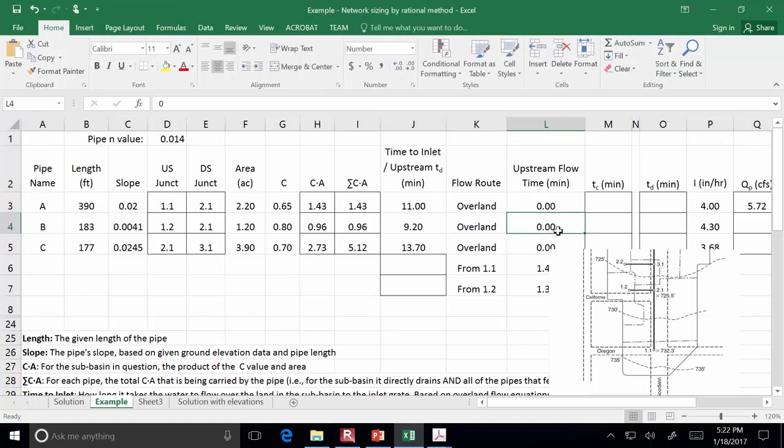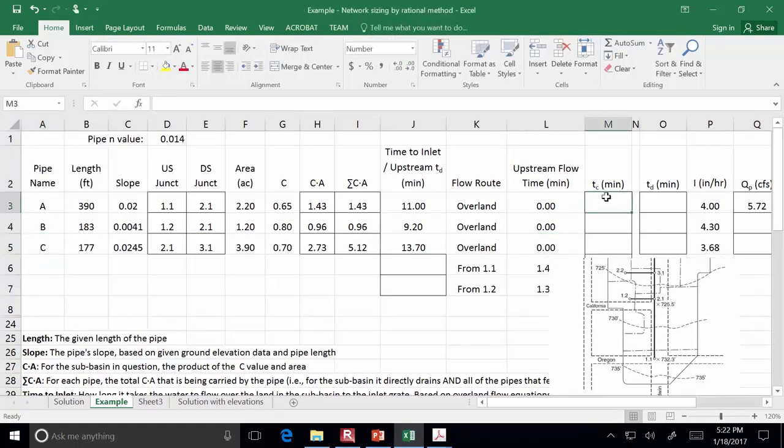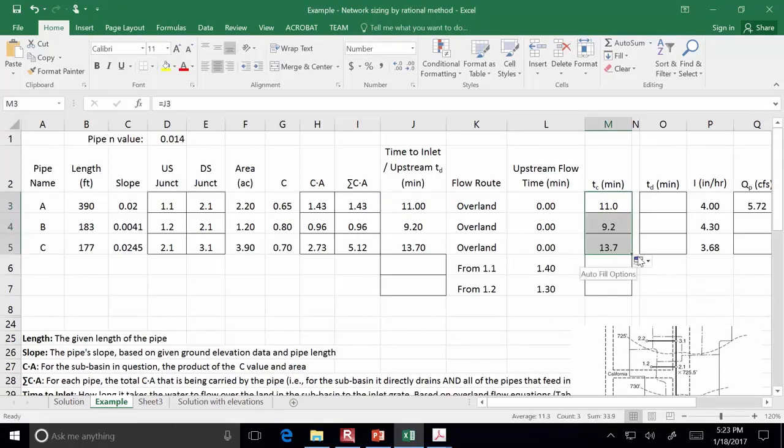And so it's 0 at this point just because it doesn't apply yet for pipes A, B, or C. So the time of concentration is the same as the T sub D for these first 3 inlets. So you can just select the T sub D, and T sub C is equal. And the same thing is true here. It's just equal to what it was before.